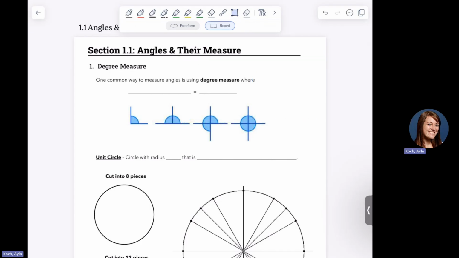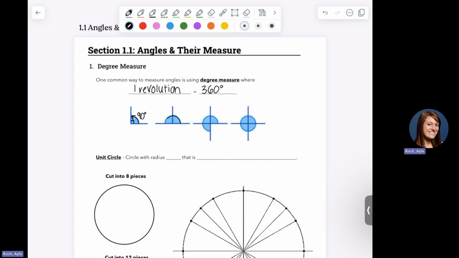So degrees, you've heard of degrees. Degrees are a way of measuring angles where we say that one revolution is equal to 360 degrees. If we start here and go up to here, that is a 90-degree angle. Typically with 90-degree angles, we make a little square in the corner.